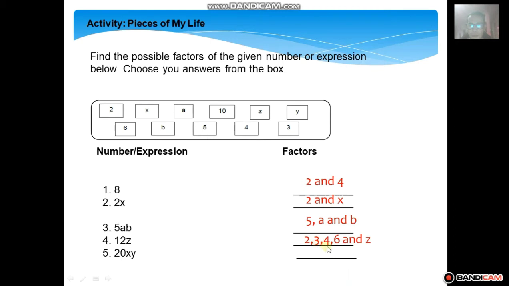We have 2, 3, 4, 6, and c. For number 5, 20xy. The possible factors are 2, 4, 5, 10, x, and y. Alright, I hope guys that your skills in factorization were refreshed.